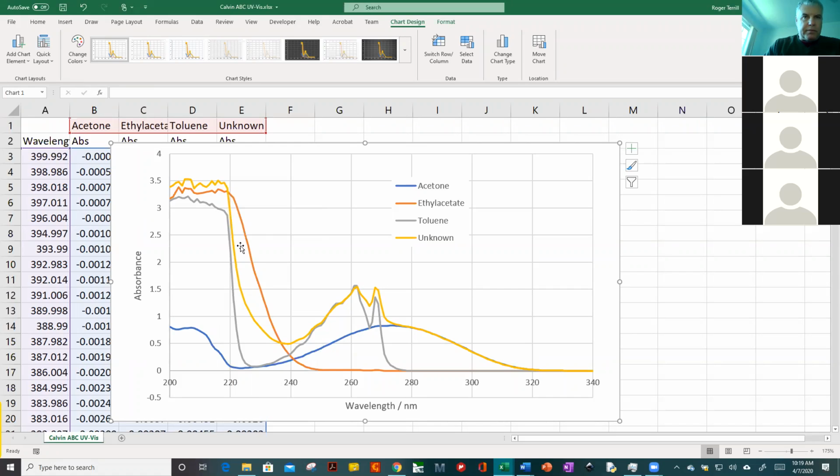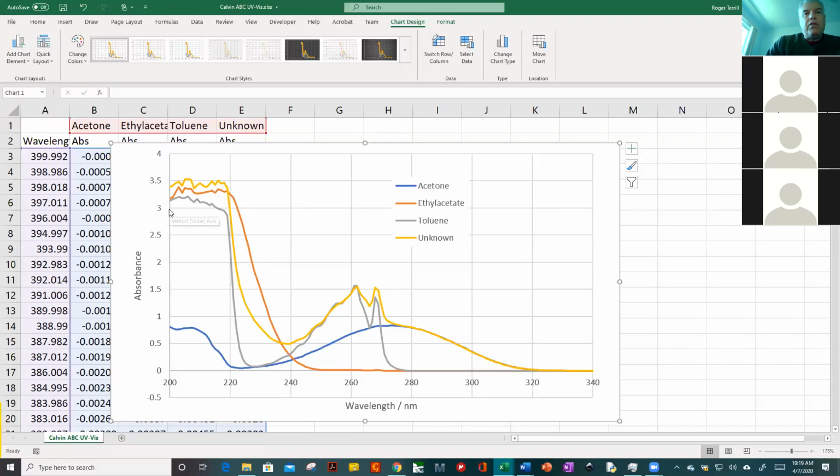three of the four spectra have an unusual looking feature here where they come up and then they flatten out. Right? So this is actually a real typical negative deviation from Beer's law.